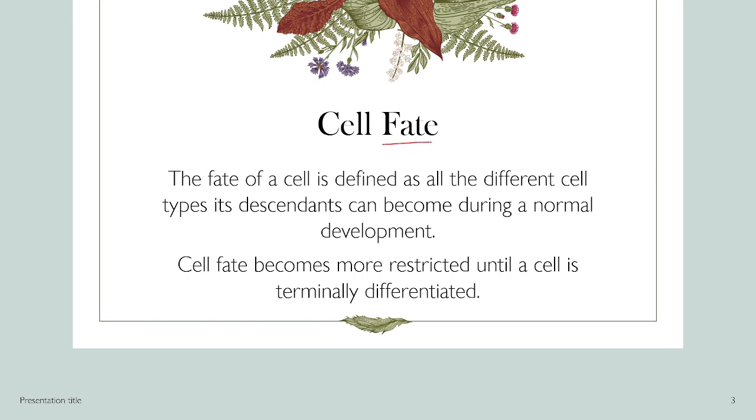What is fate? सेल आगे चलकर क्या बनेगा? Like we have a stem cell. स्टेम सेल आगे चलकर किस सेल में कन्वर्ट होगा? दैट इज नोन एज सेल फेट. सो सेल फेट इज द प्री डिटर्मिनेशन ऑफ अ सेल टाइप.